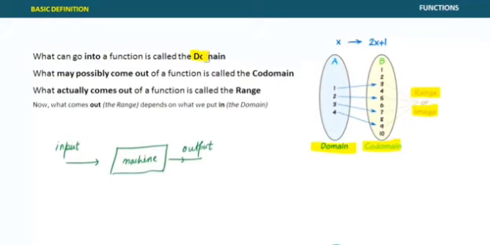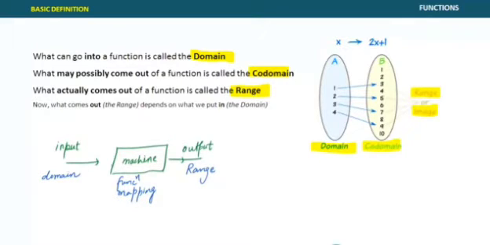Domain, codomain, range. So in this context, the input is called domain. The machine is known as your function or the mapping. Any word will do, function or mapping. Output is known as range. So this is how you actually define a function.